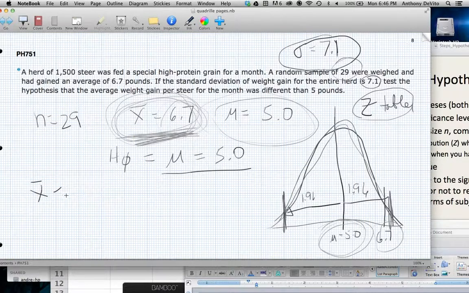X bar minus mu over what? Standard error, right? Because these are repeated samples of size 29. So what is standard error here? It's equal to 7.1 over the square root of 29. First thing we're going to do is figure that out.